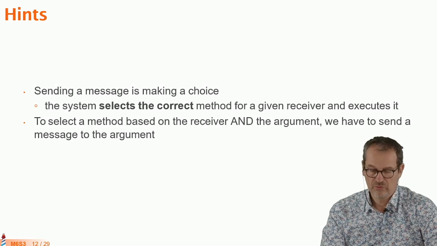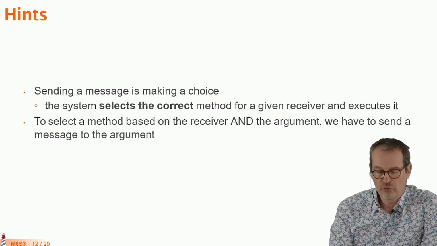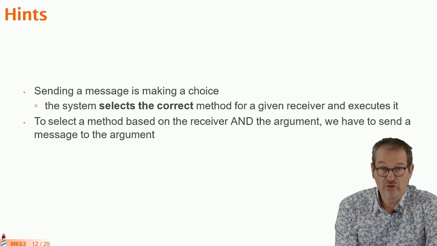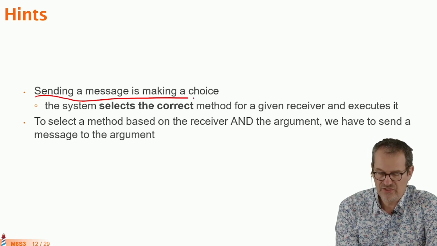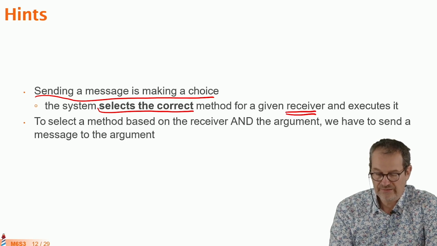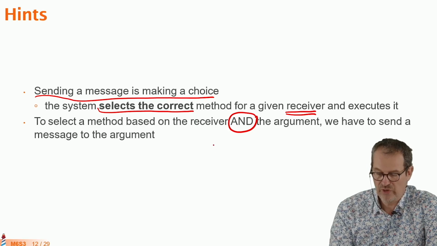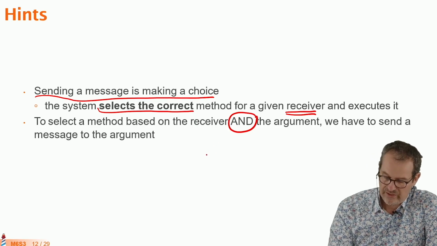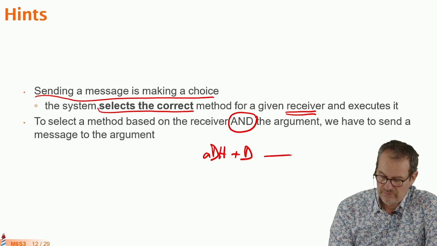So now the solution. A good solution, that we want to show in this lecture, is based on the first lecture of this MOOC that says that sending a message is making a choice. In fact, the system will select the correct method given the receiver. So this means that we want to select a method based on the receiver and the argument, because this is what we want to have here. If we step back, we want to have a DieHandle plus a die working.